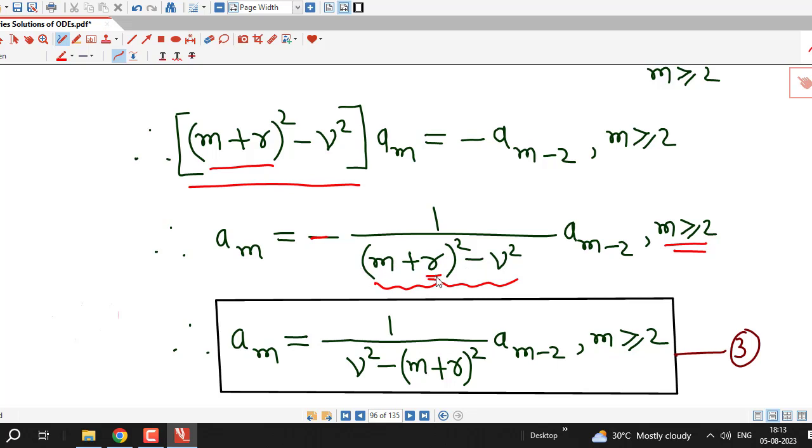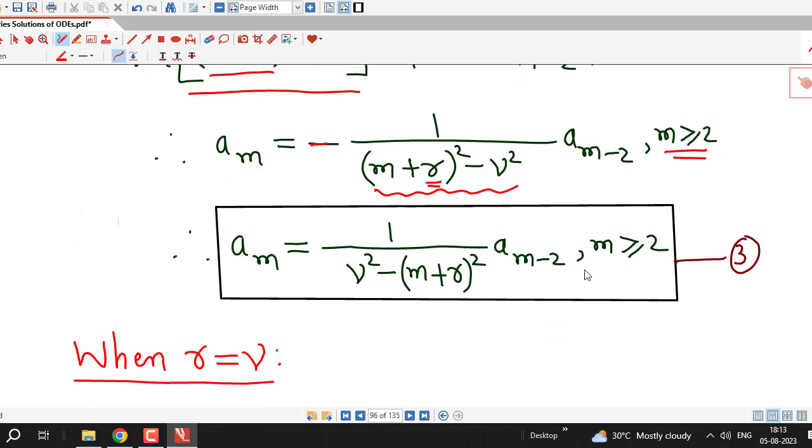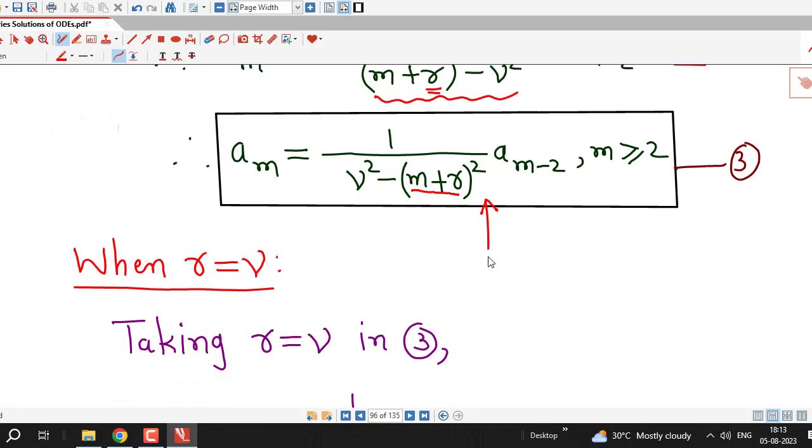So minus of m plus r square minus nu square, am minus 2. This is the recurrence relation. Now we have taken r equal to nu in this recurrence relation, and if I take r equal to nu here, I will have nu square minus m plus nu whole square, am minus 2.